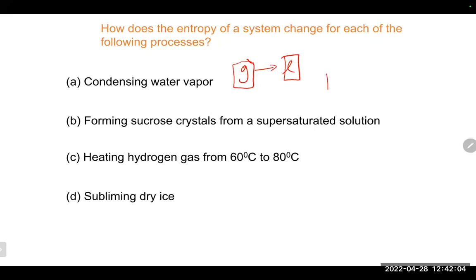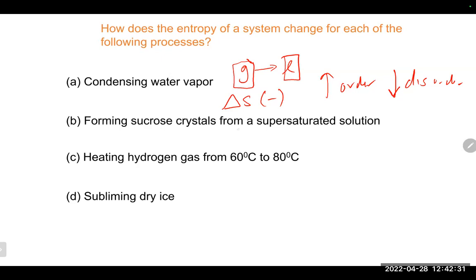So the amount of order increases, or the amount of disorder decreases, right? In both cases, we would expect delta S to be a negative number. The more order you create, the delta S would be negative, or less than 0. Any questions on that one?